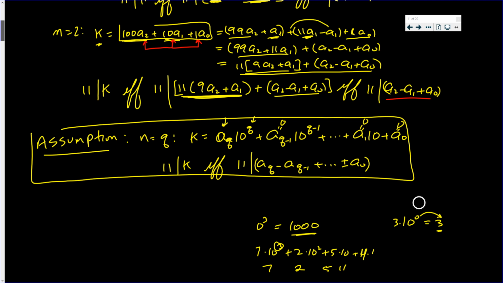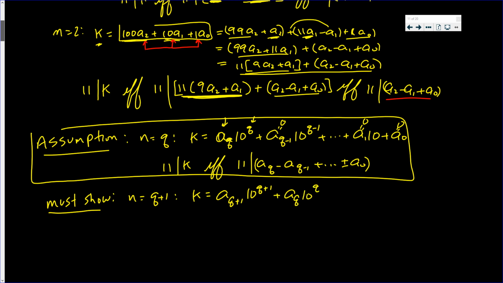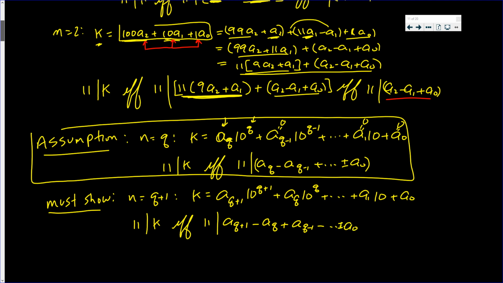Alright, so now what we want to show, and this is it, this is the hard part, we must show that for n equals q plus 1, if k is equal to a(q plus 1) times 10 to the q plus 1 plus a sub q 10 to the q all the way down to a1 times 10 plus a0, that 11 divides k if and only if 11 divides a(q plus 1) minus aq plus a(q minus 1) minus all the way down to plus minus a sub 0.